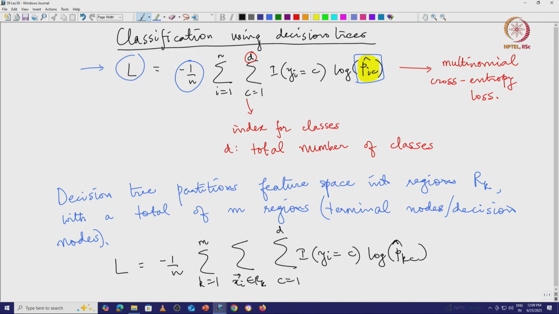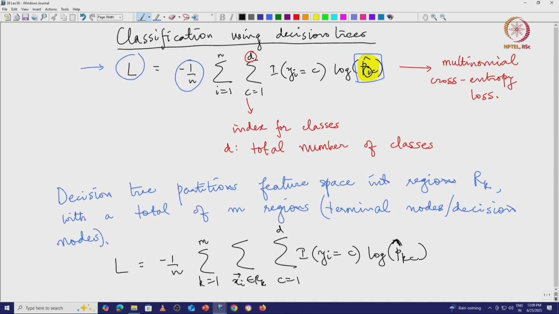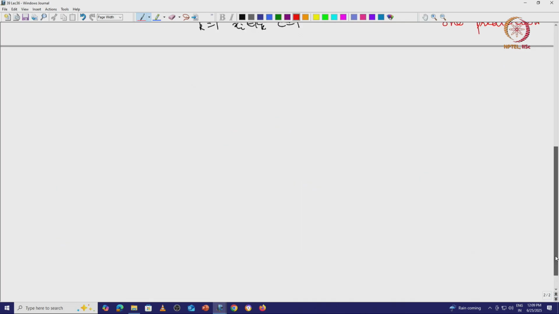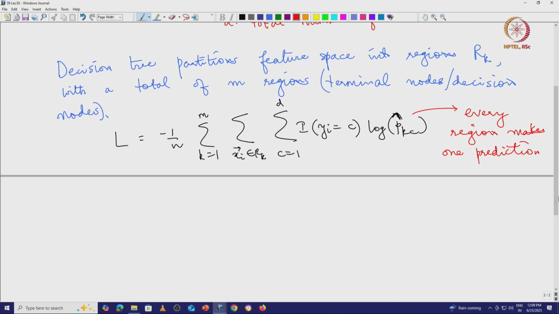So now we have actually replaced i with k here, because we know that in a decision tree every region makes only one prediction. So that is why we can just replace it as p hat k c. So this is one change we had to make to the loss function.